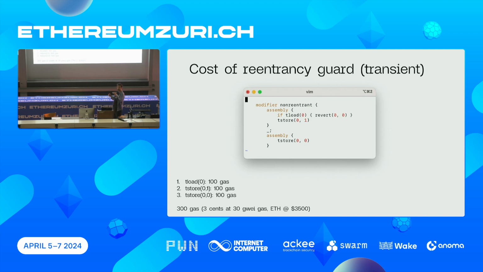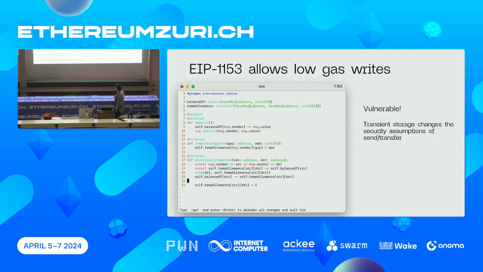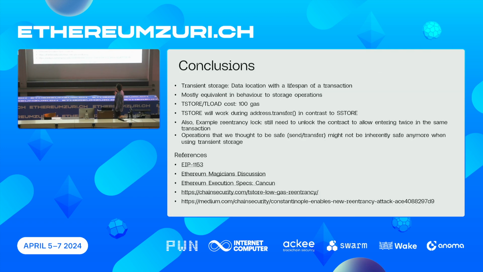So if you want to execute a contract multiple times sequentially, not during a reentrancy, this will no longer be possible. So it will break multi-calls, it will break batching operations, it will break account abstractions such as EIP-1153. So this is a caveat of TSTORE.